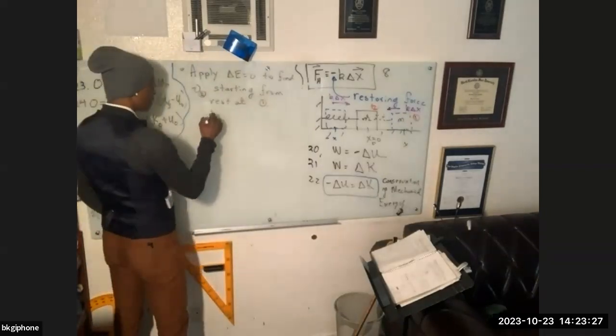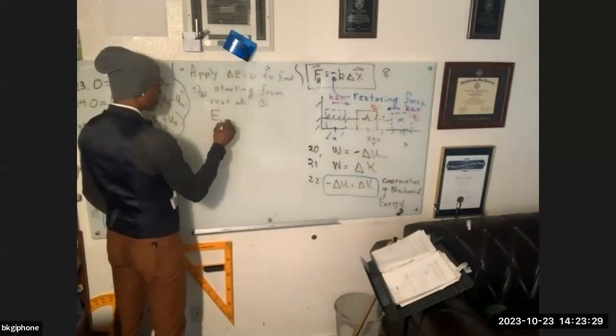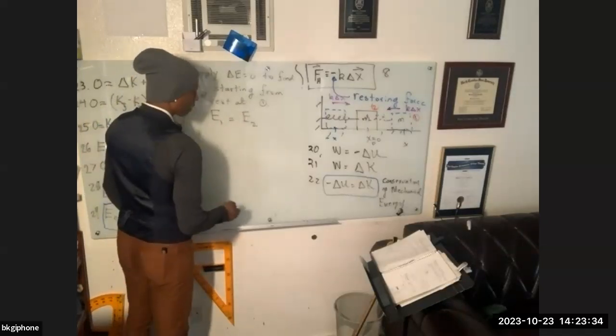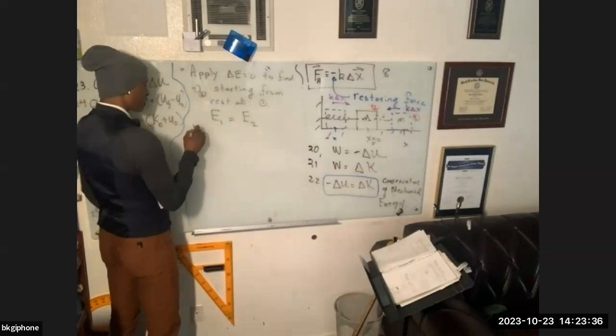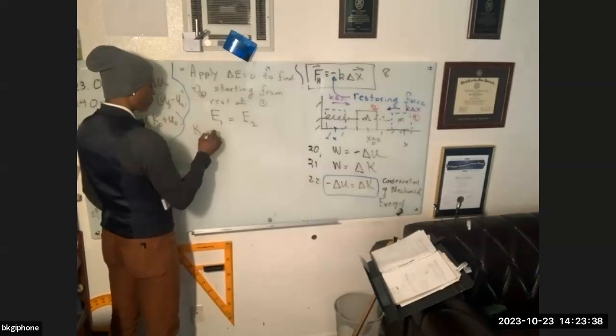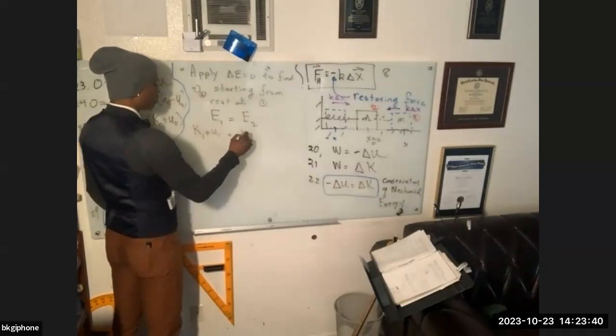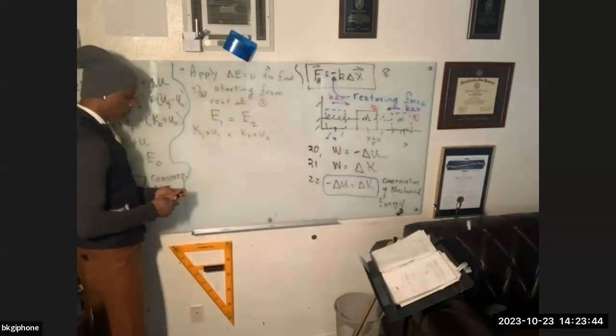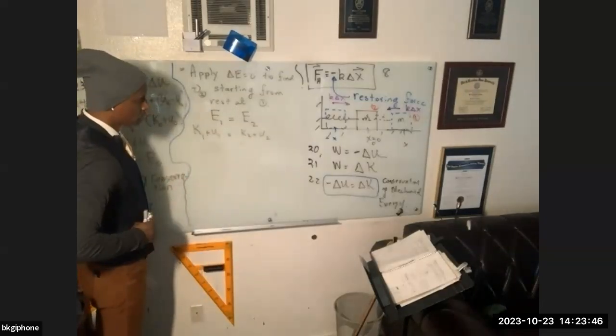So we just say that the total mechanical energy at position 1 has got to equal the total mechanical energy at position 2. The definition of mechanical energy is kinetic plus potential, so K1 plus U1 has got to equal K2 plus U2. Evaluate the zeros before you start. There are some things that are going to be zero.